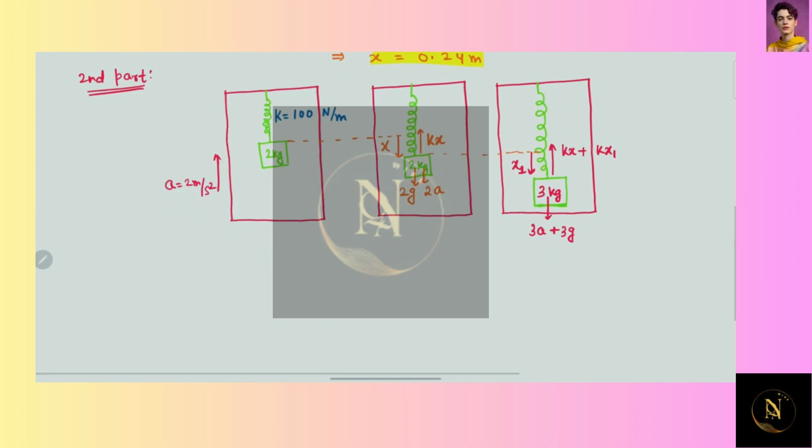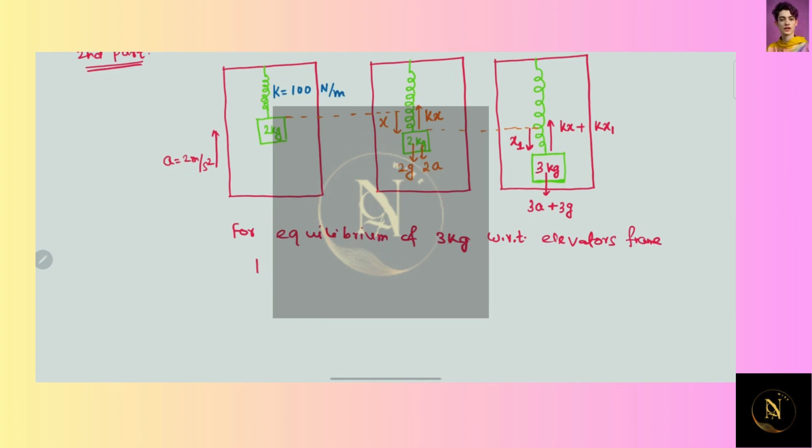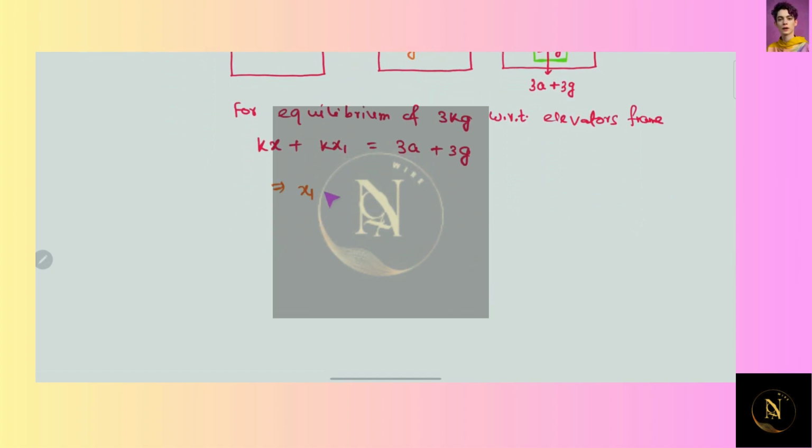So again with respect to the elevator's frame of reference, if we find the equilibrium condition for the 3 kg mass, we can write that the net upward force, that is kx plus kx1, has to balance 3a plus 3g. So on simplifying this we can write x1 equals (3a plus 3g minus kx) by k.